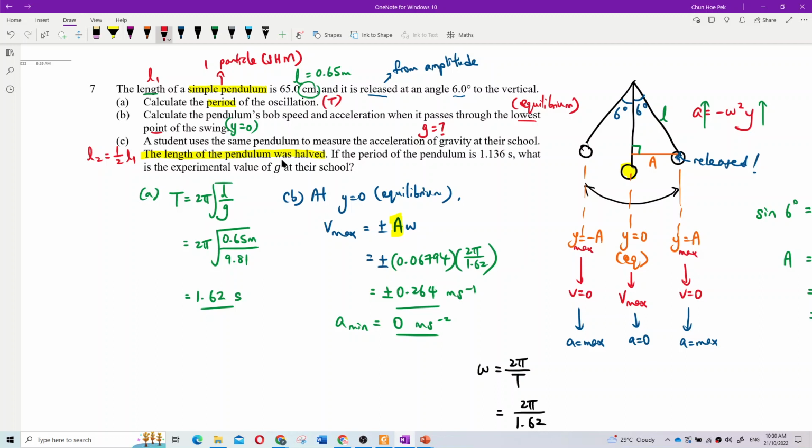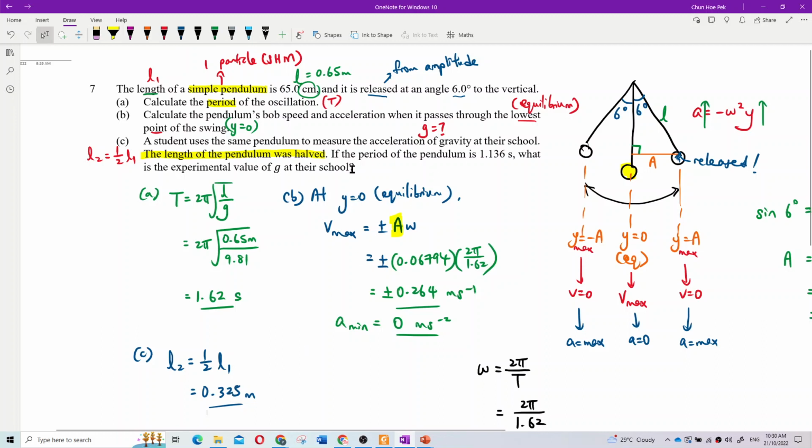So what should I do? Find length 2 first. Half of length 1 is 32.5, but I want it in meter, so 0.325. Okay, good. So we have length 2 already.